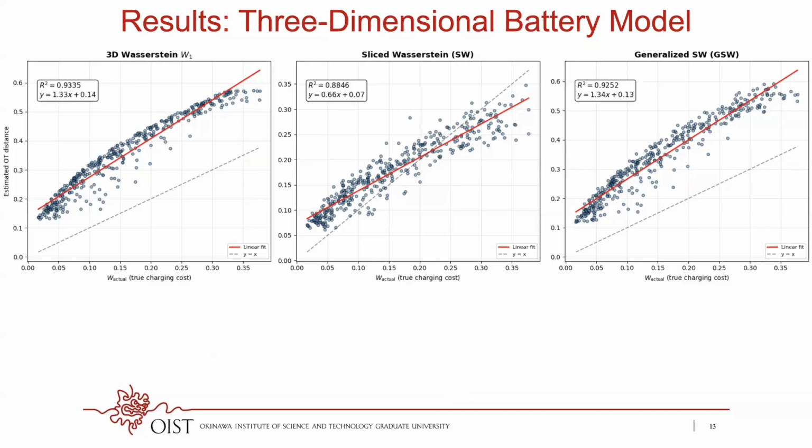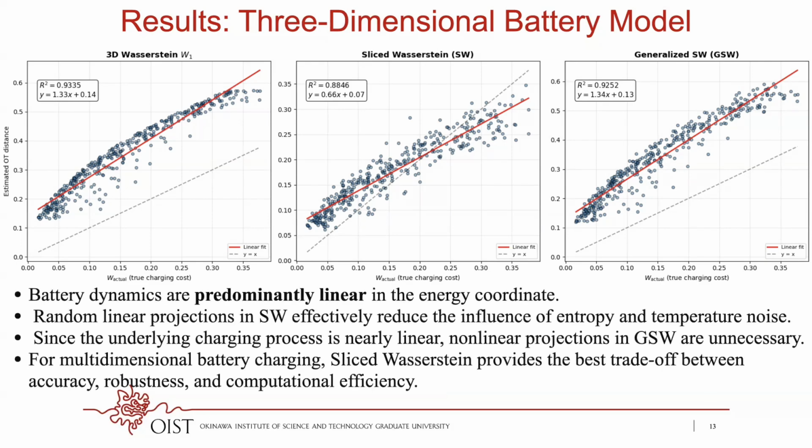So the intuition is that the slice Wasserstein distance should work nicely. And as you can see here, the overall performance of the slice Wasserstein distance is better than the other two.